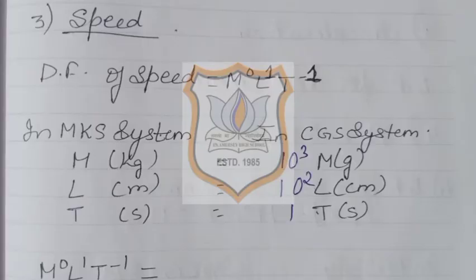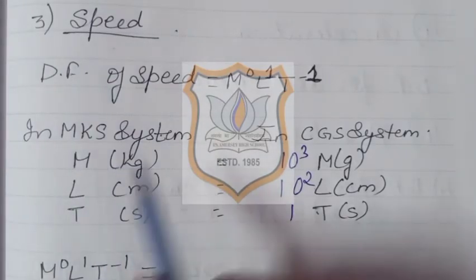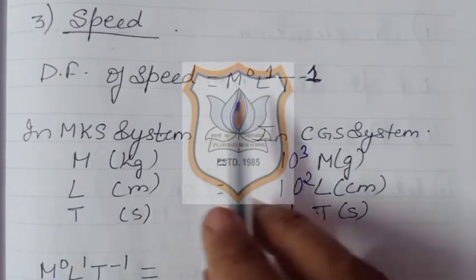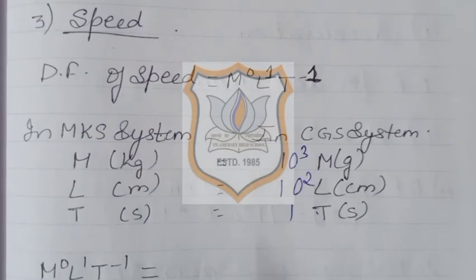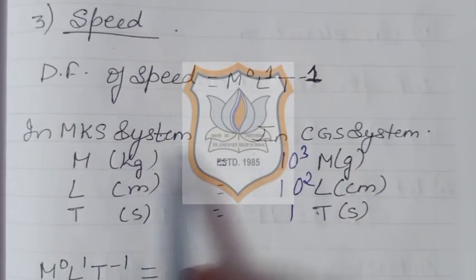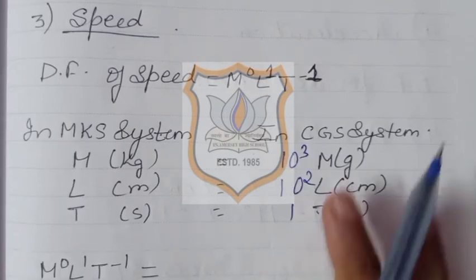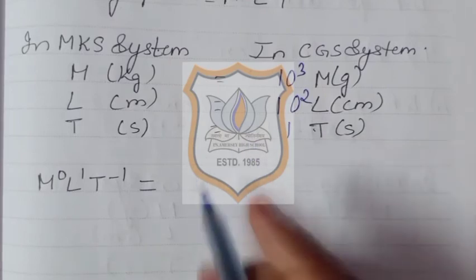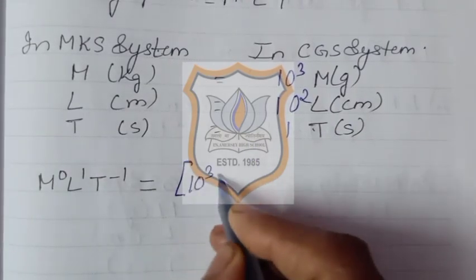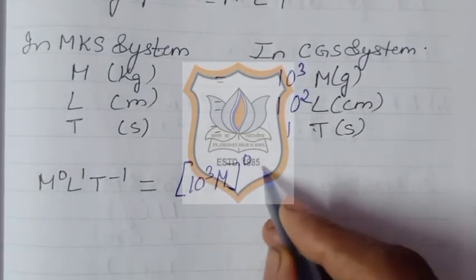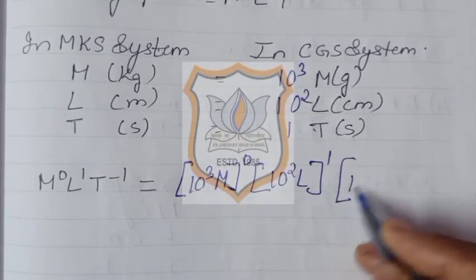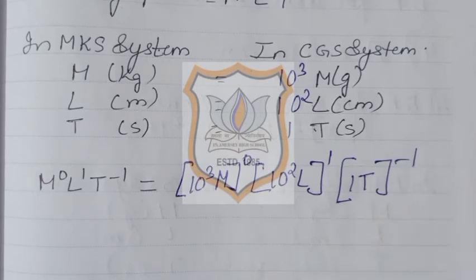Let us take another example, speed. Now the dimensional formula for speed is m0 L1 t minus 1. We are writing this. This is your first step. This step is common in all the sums, so I have just copied it down. Now we have to substitute these values. So this will be 10 raised to 3, m power is 0, 10 raised to 2, l power is 1, t power is minus 1.